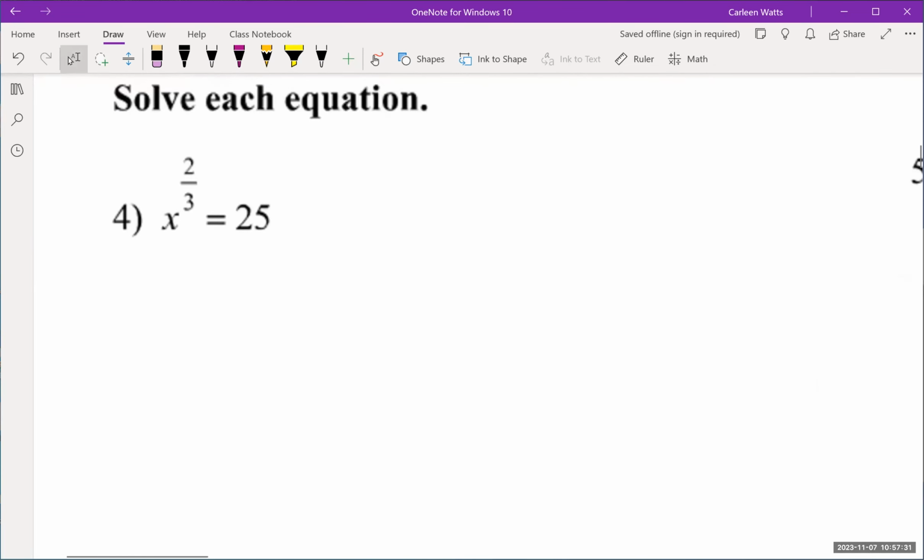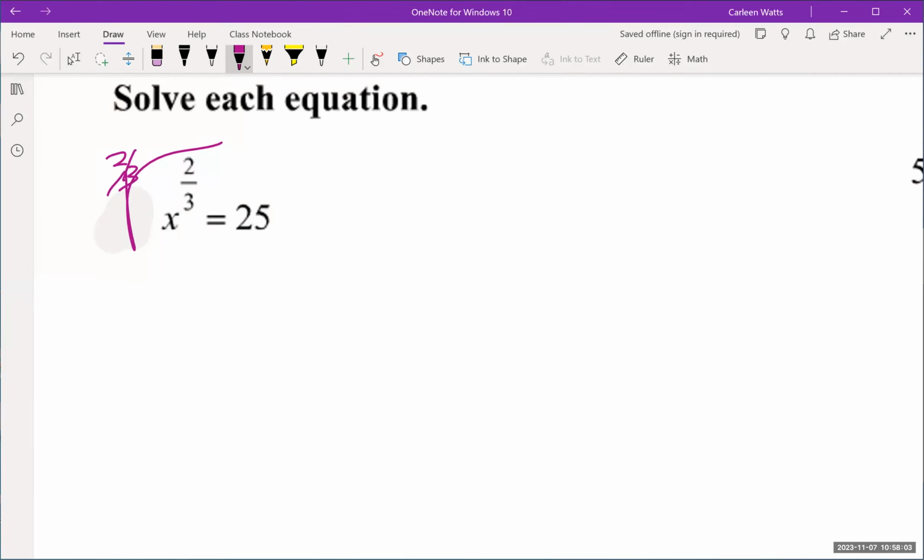How could we solve this equation? Is this an exponential or a power equation? This is a power equation, right? I know the exponent. So basically, I want to do the opposite of power, which is the root, but okay. The 2/3 root?